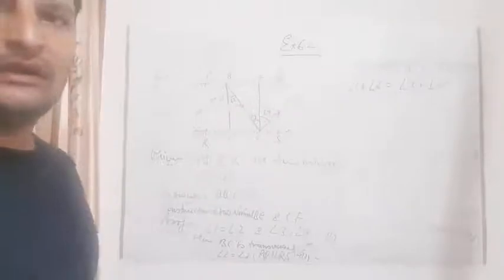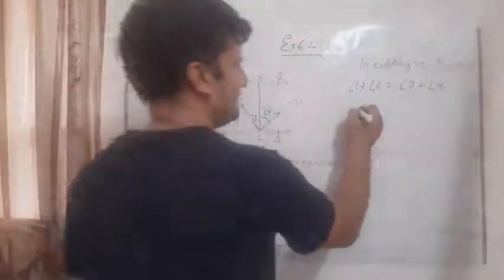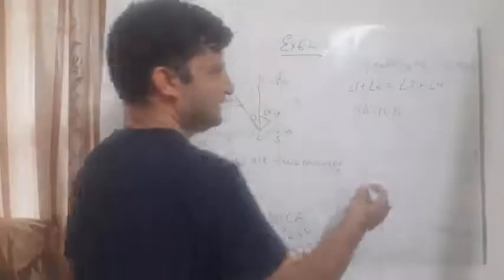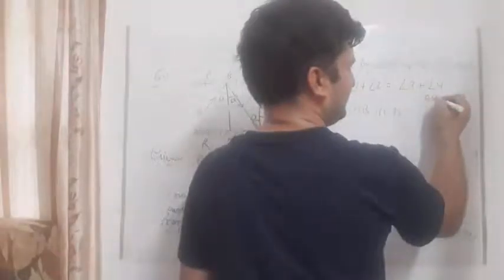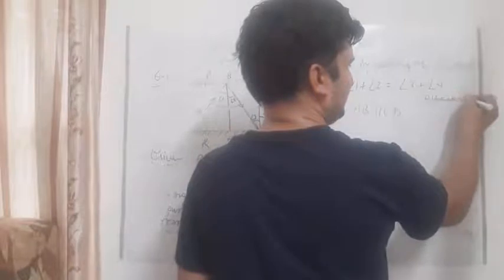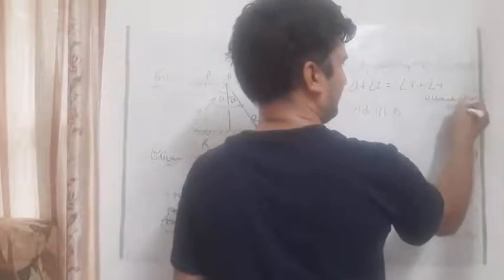These are called alternate interior angles. So we can say that AB is parallel to CD. The sum of these two angles is alternate interior angle.